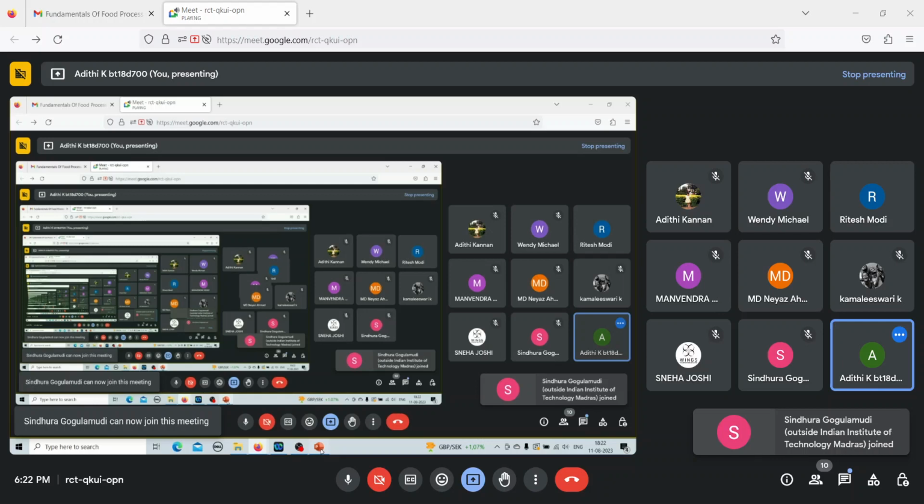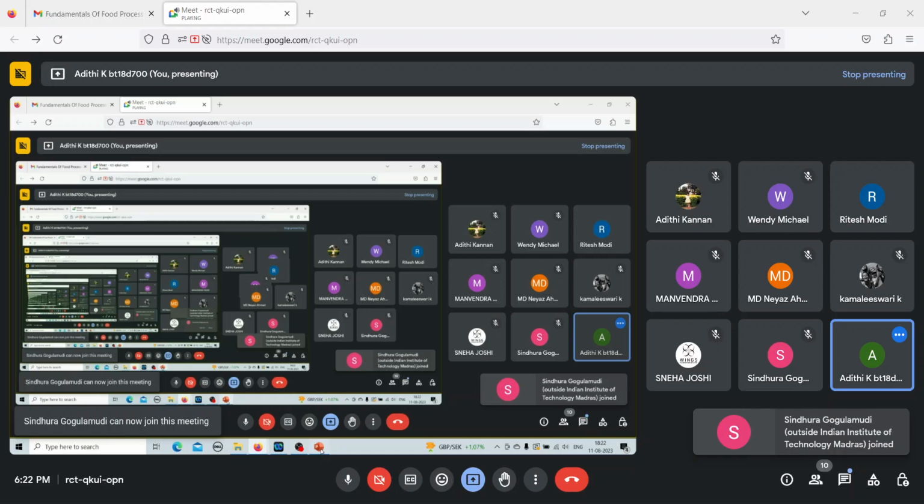So for micro, in this case, when you want to look at the relationship between microorganisms, when you substitute the value of k, K is equal to 2.303 by D, you will actually get log N naught by N equal to t by D. So if you substitute 2.303 by D here, your ln will become log.